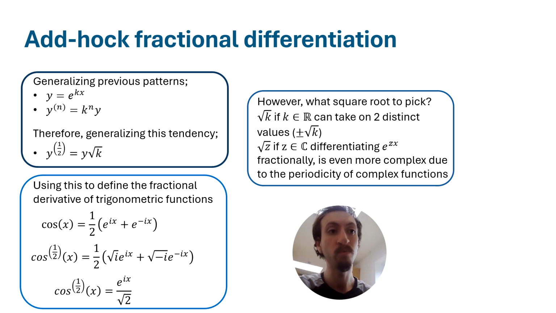So to get around this, we have to be more clever than just blindly extending patterns seen in ordinary calculus. And so what we're going to do is start with defining a fractional integral, because rather ironically that's much easier than defining a fractional derivative.